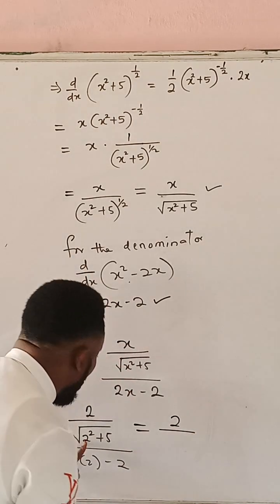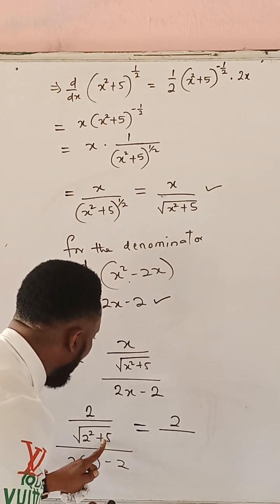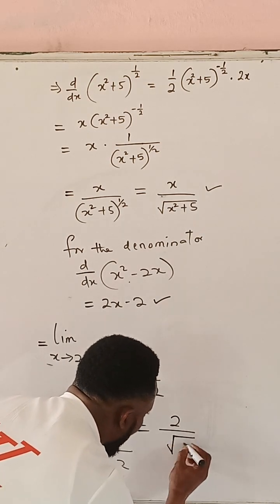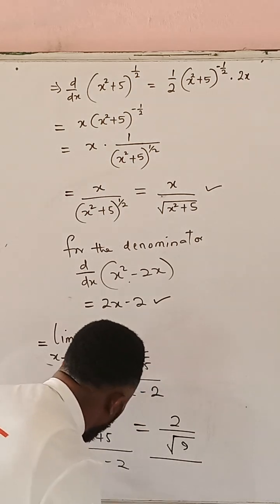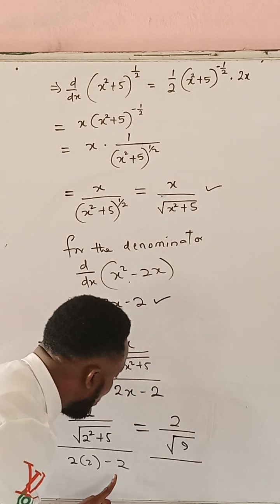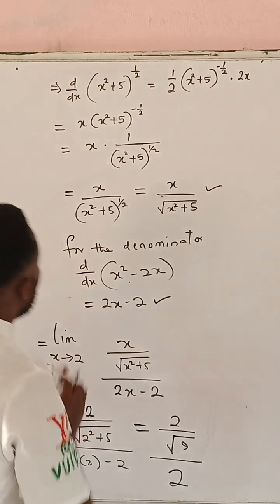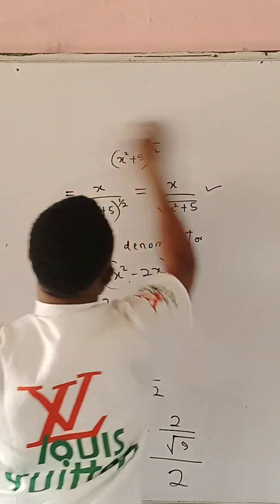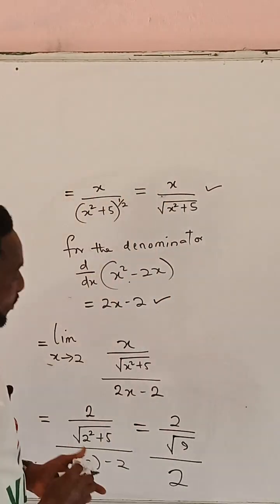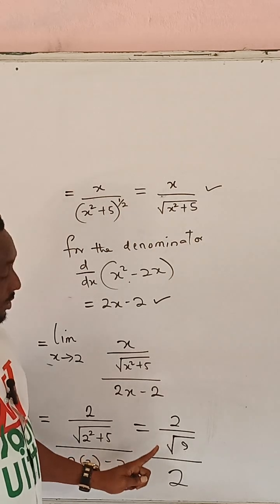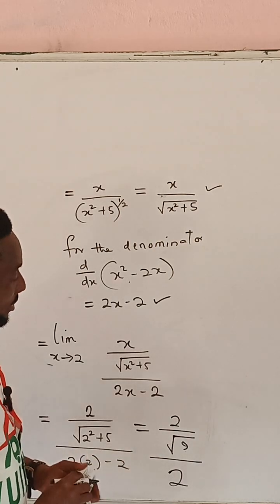And this is going to give us 2 divided by, 2 squared is 4 plus 5, that's 9, the square root of 9, all divided by, here we have 2 multiplied by 2, 4. We remove 2, that's 2. So at the end of the day, the solution to this problem is already staring at us. Square root of 9 is 3.